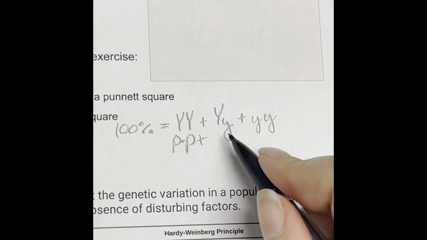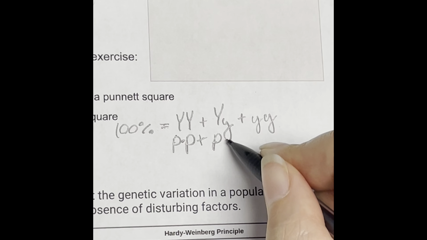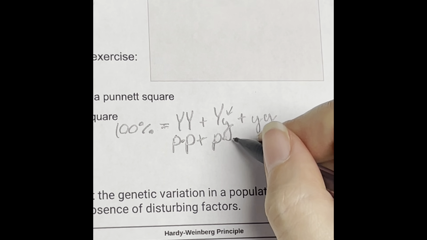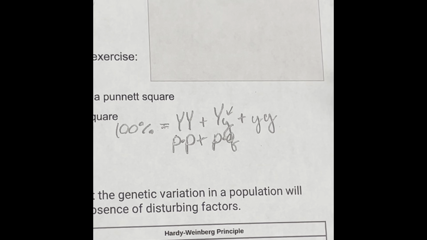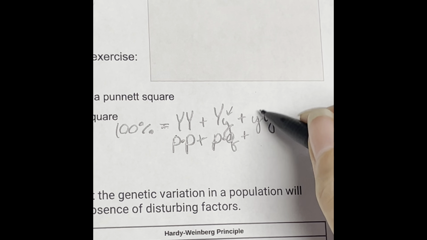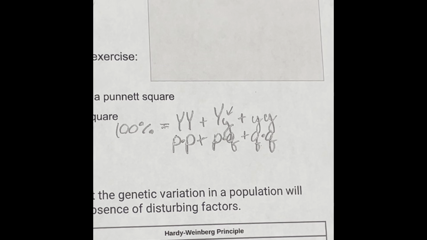Then we need to find out the value for the heterozygotes. They have 1 dominant allele and 1 recessive allele. Hardy-Weinberg decided we're going to use the letter Q. Then we are going to find the individuals that are recessive. If they have 2 recessive alleles, they're going to get 2 Q's.